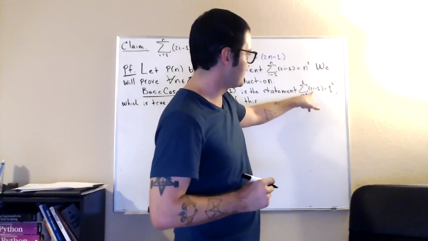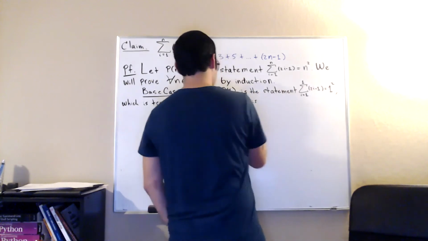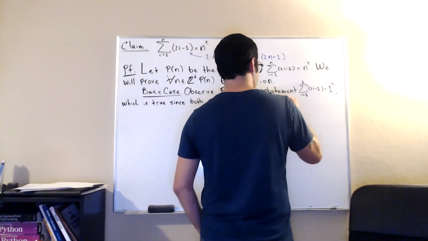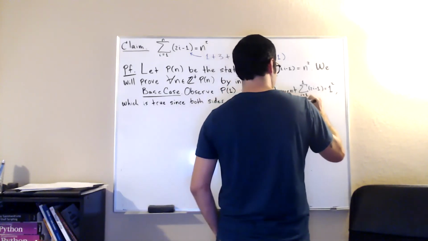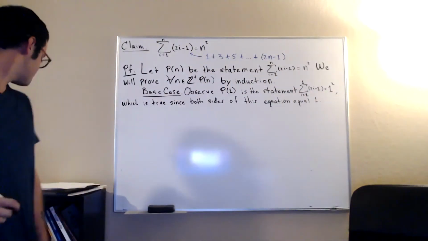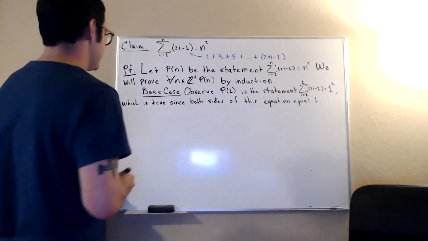So 2 times 1 minus 1 is 1, and 1 squared is 1. So since both sides of this equation equal 1, that proves our base case.